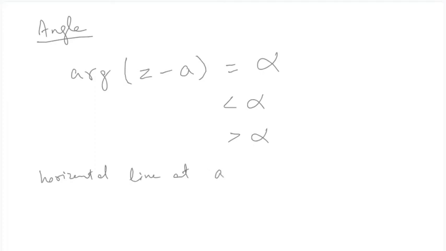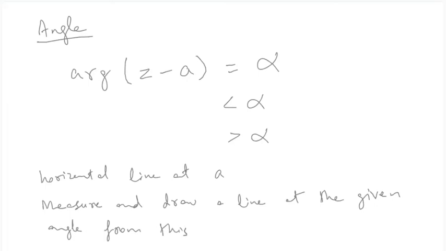And then you measure and draw a line at the given angle from this horizontal. Okay, you won't have to do it using a protector. आपको सिर्फ इसको sketch करना होता है.